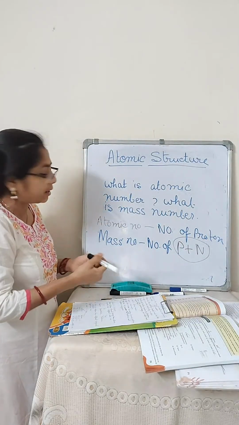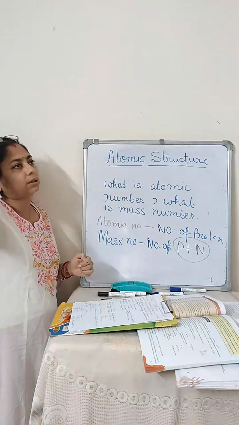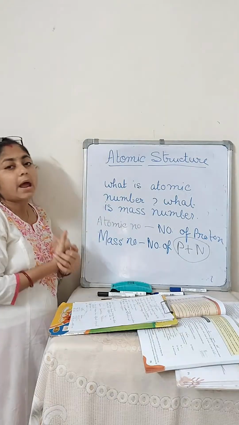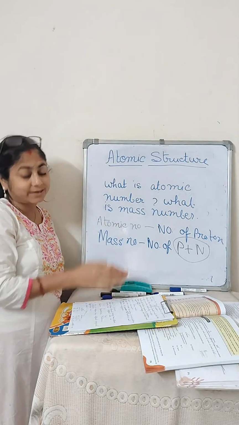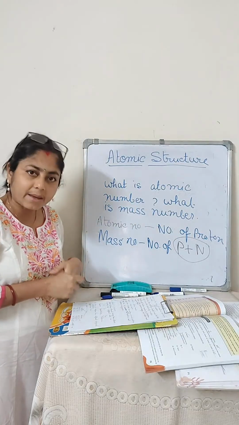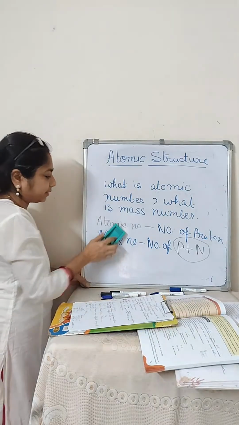So one more time I repeat it. Atomic number, number of protons, is called the atomic number, and mass number, number of protons and number of neutrons combined, is called mass number. Now I show one example and I clear it.